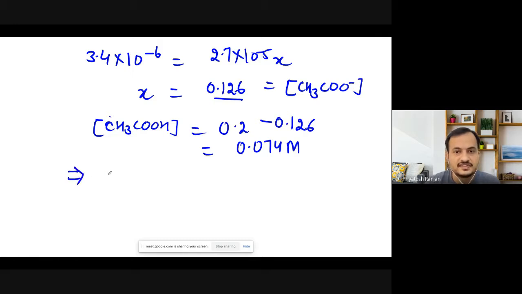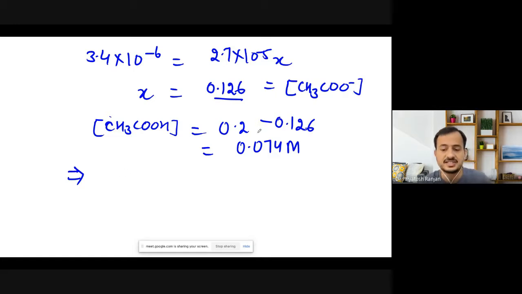So what are the concentrations of CH3COOH and CH3COO minus we have got? For CH3COOH, which is a weak acid, it's 0.074 molar. And for the CH3COO minus, which is a conjugate base, we are getting 0.126. Just try to add up these values, and if you add these two terms, the final value you are going to get is 0.2 molar.